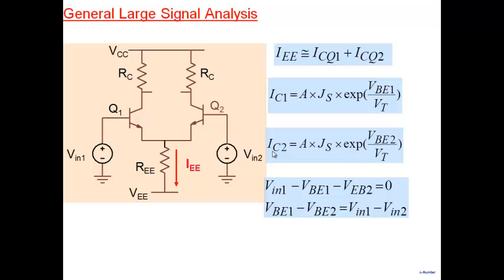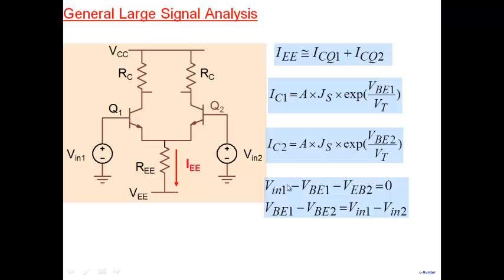Now the other thing that I note here is that if I start from ground here and go along this direction, come here and come here and write a KVL. Starting from this ground, going to the base of Q1, coming to the emitter of Q1, which is same as emitter of Q2, then going to the base of Q2, and then coming down to ground here.